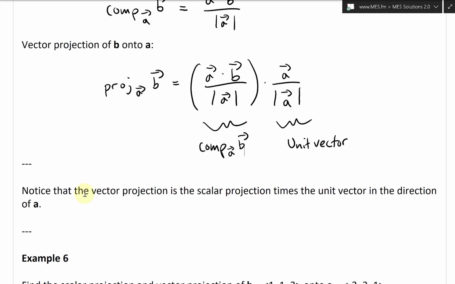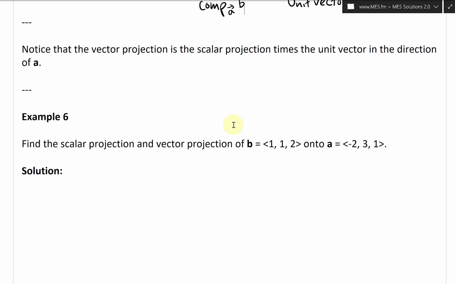So notice again, as I stated here, the vector projection is just the scalar projection multiplied by the unit vector in the direction of A. So that's the unit vector in the direction of A, hence this vector, and there's the length of it. All right, very interesting. So now let's continue further and look at example 6.